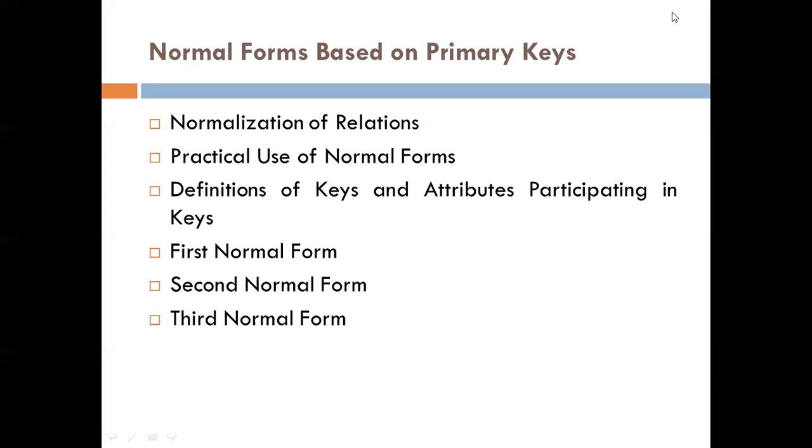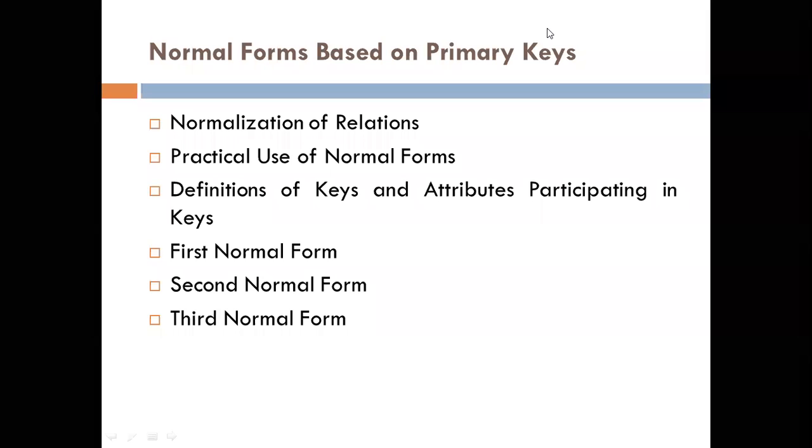So good morning everyone. In our last class, we studied the concept of functional dependencies. A functional dependency is denoted by X arrow mark Y, where X is one set of attributes and Y is another set of attributes of a relation.